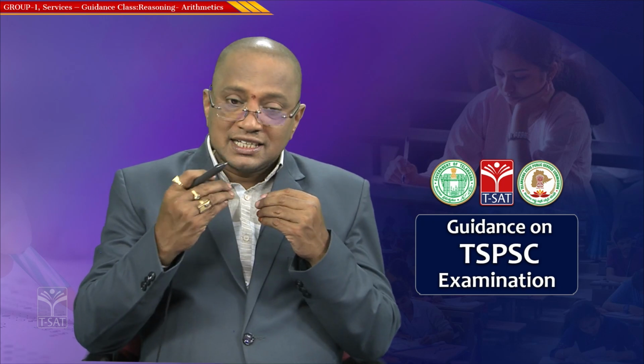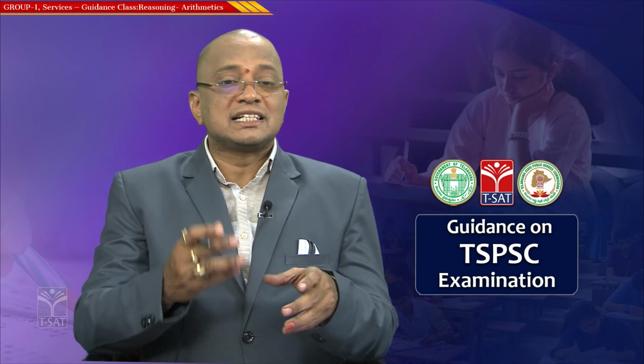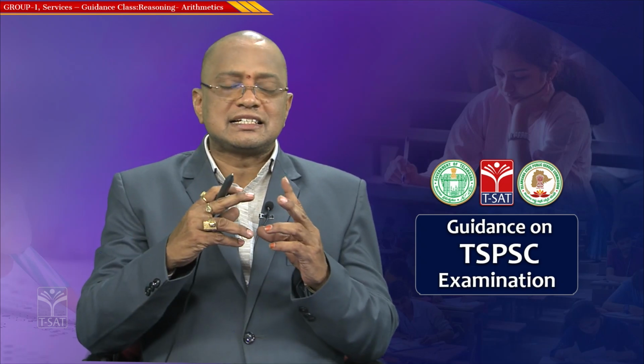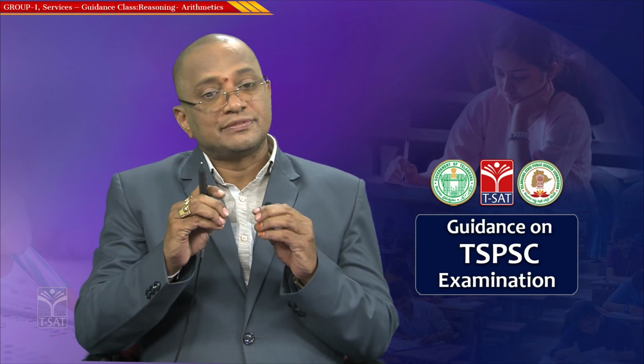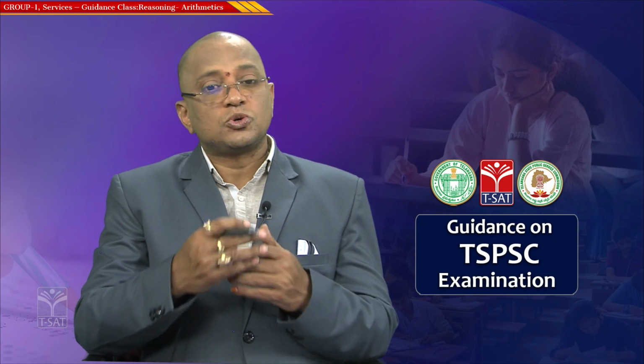In general, percentage, his percentage is 36%, but in percentile it is 99 percentile. That's the difference between percentage and percentile. So don't get confused. This is very important. If you write the GATE examination, the score will be announced in terms of percentile. If you write a competitive examination, the score will be given in percentage.